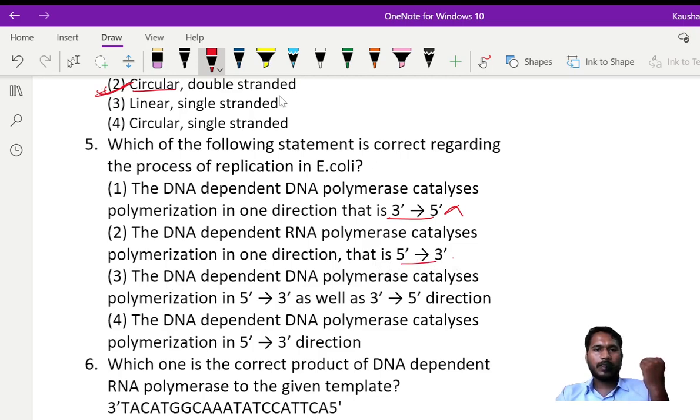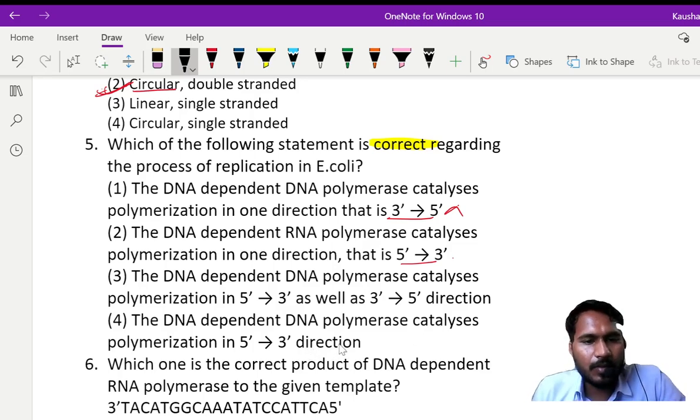They are asking the correct statement. The DNA dependent DNA polymerase catalyzes polymerization in 5' to 3' direction as well as, no, it will always polymerize in 5 prime to 3 prime direction.